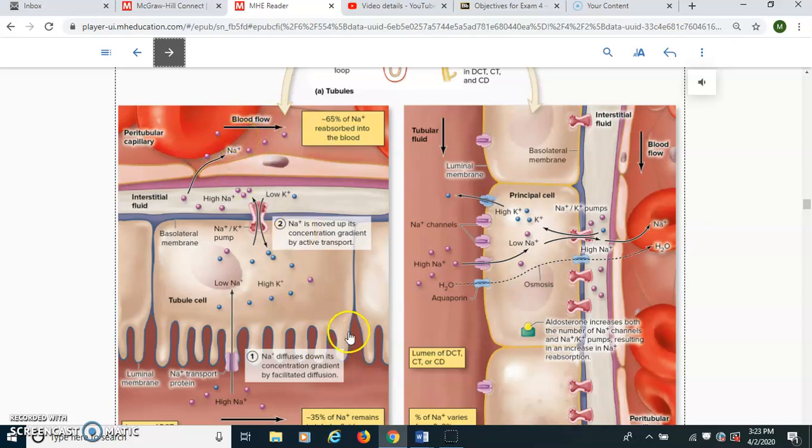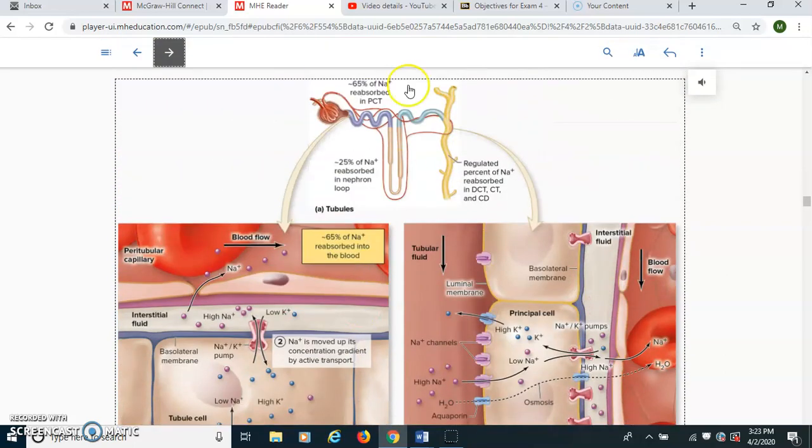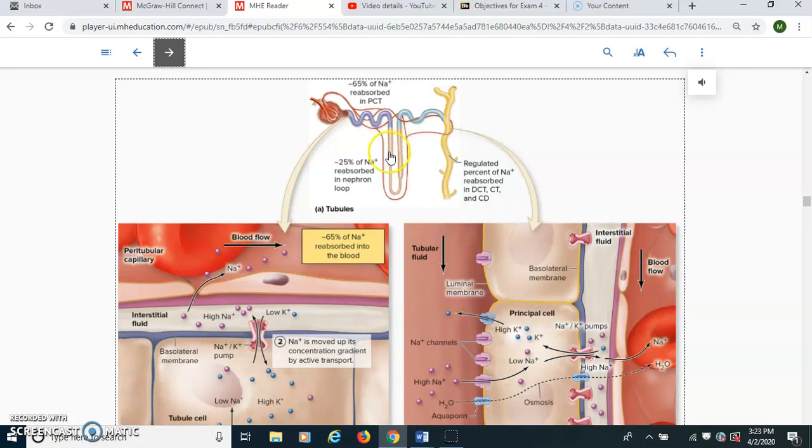So most of our sodium, 65%, is going to be reabsorbed in that first tube of our nephron. Then as we look at the nephron loop, there's going to be some more reabsorption. 25% of the sodium is going to be reabsorbed in that area.